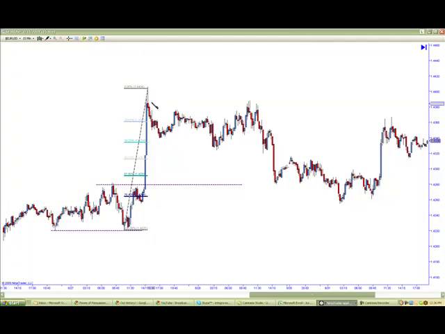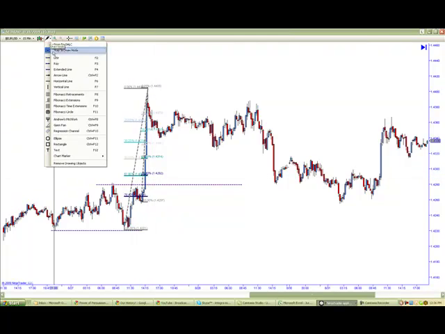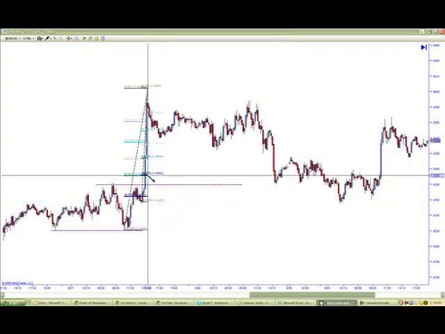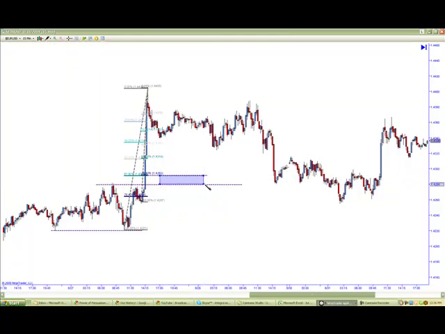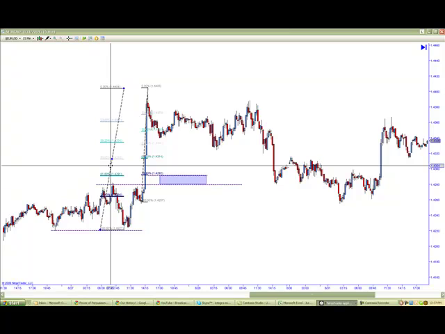Okay, we actually have two legs, and we see this zone right here is starting to become what? An area of interest for us. Because why? Because we have two different fibs.